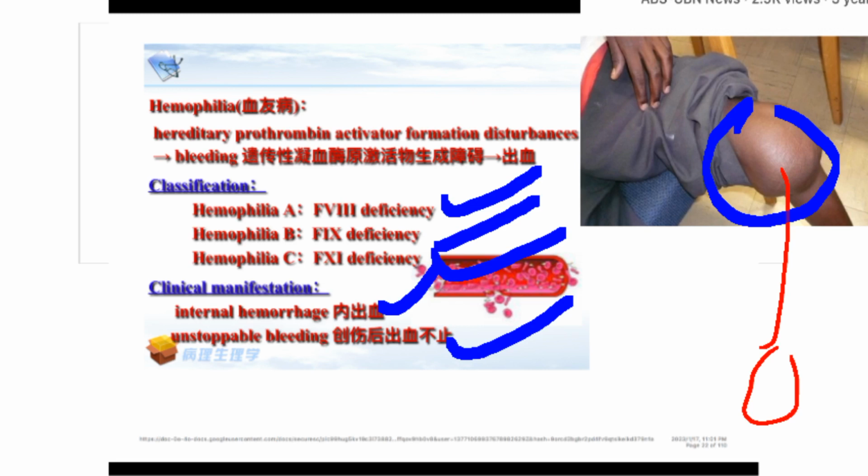And this repairing needs these clotting factors, right? And you can see that all these clotting factors involved in hemophilia are found in the intrinsic pathway, not the extrinsic pathway. So that means hemophilia is a disorder that affects the intrinsic pathway of blood coagulation.